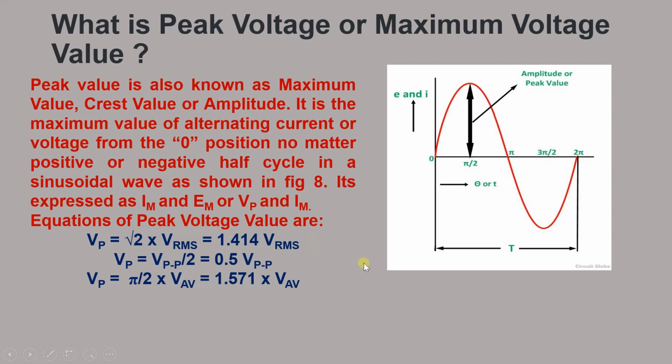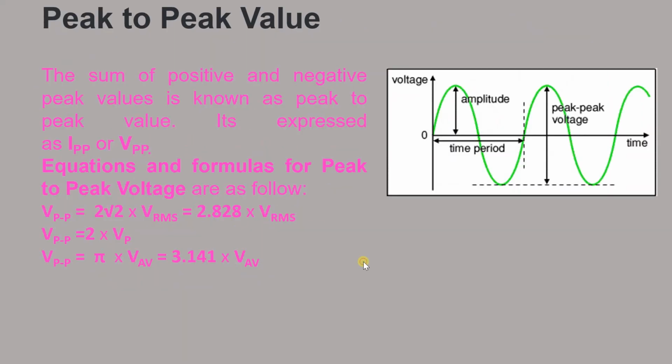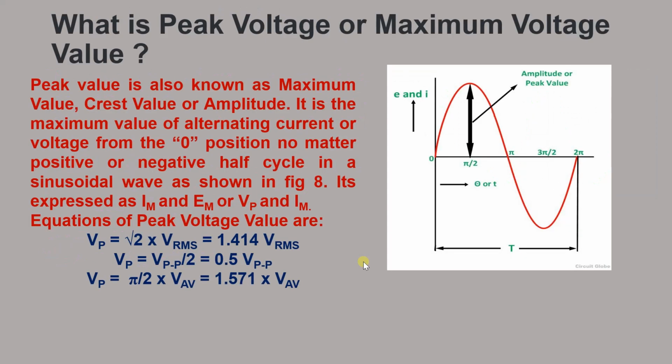So the definition: peak value is also known as maximum value, crest value or amplitude. It is the maximum value of alternating current or voltage from the zero position, no matter whether in the positive or negative half cycle, in a sinusoidal waveform as shown in this figure.